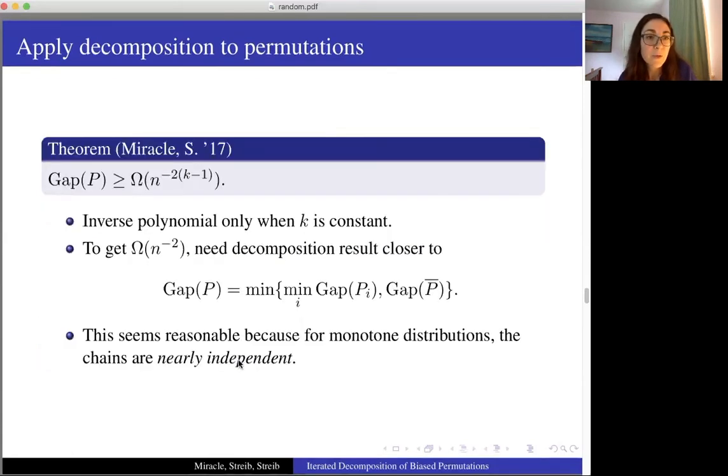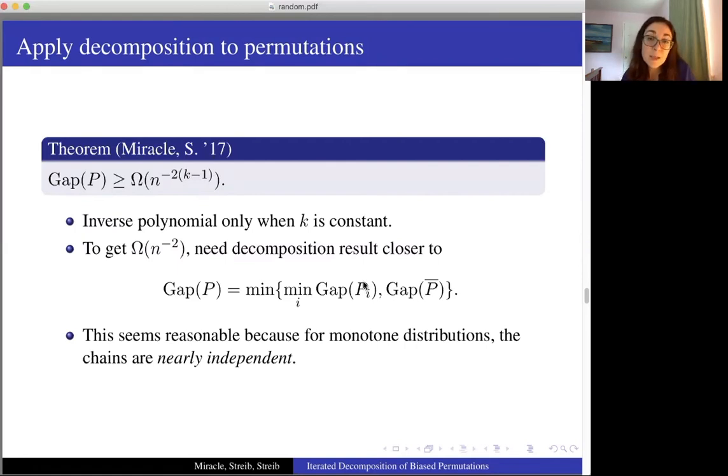Okay, so unfortunately, this bound is only an inverse polynomial when k is constant. And we really would like to get close to 1 over n squared. In order to do that, you would need a decomposition result that's much closer to the minimum, as I was saying.